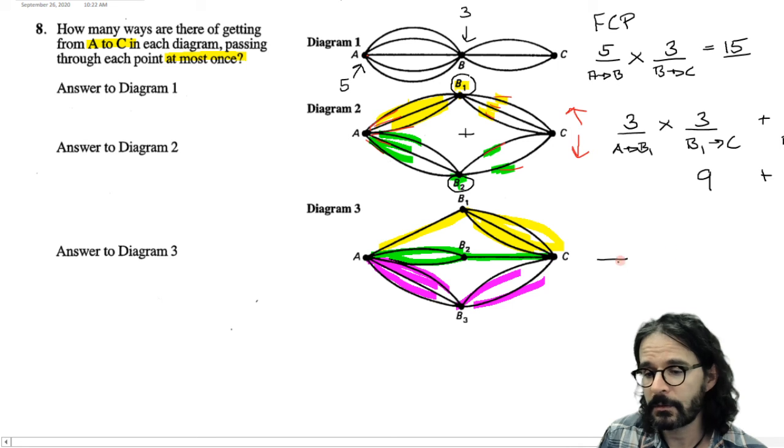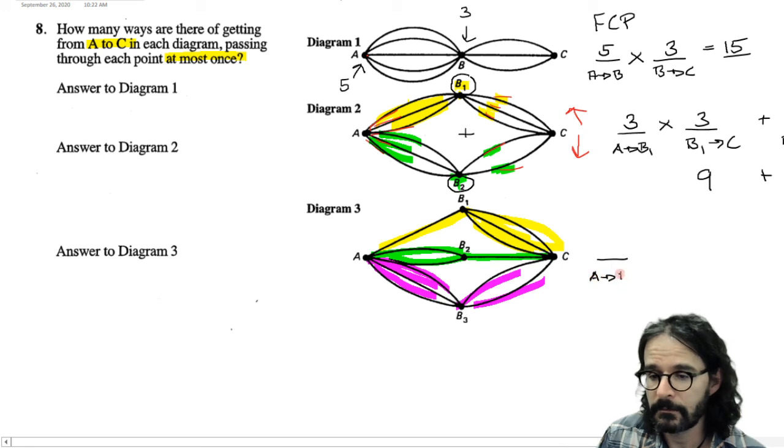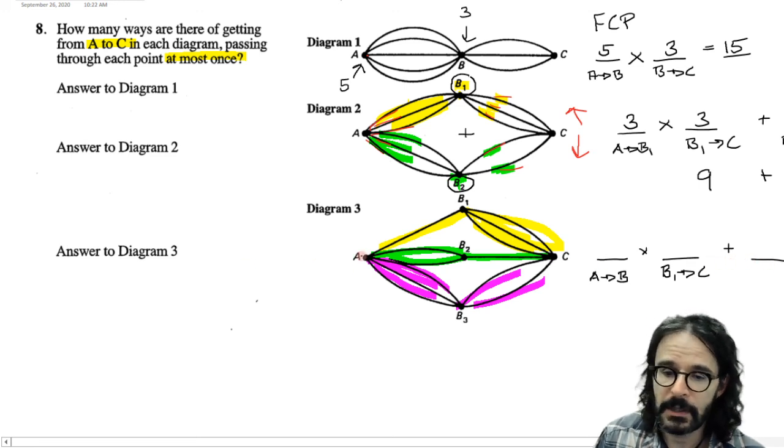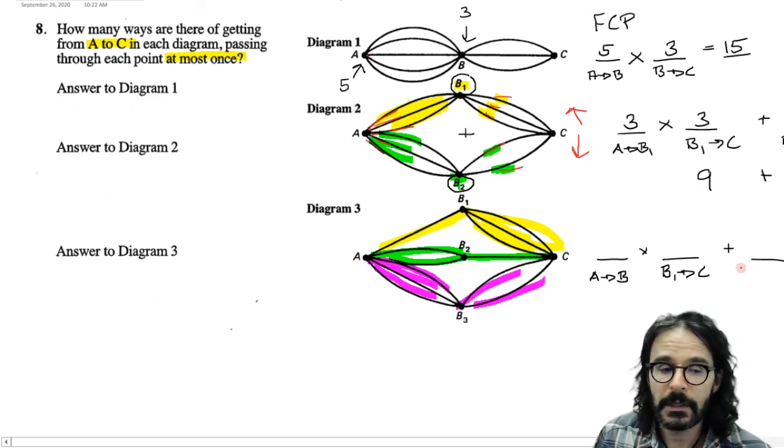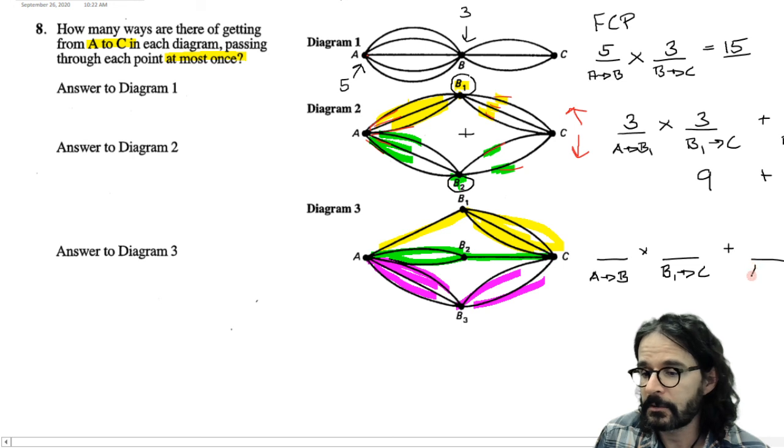So first we have a placeholder for the number of paths from A to B1, times the second placeholder, which is the number of paths from B1 to C. So these are the paths in yellow. To that we have to add the number of ways there are to go from A to C through B2. So this placeholder here is going to be the number of paths we have from A to B2.